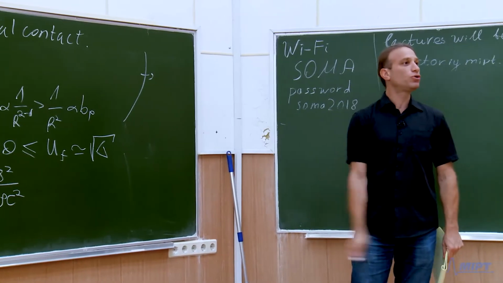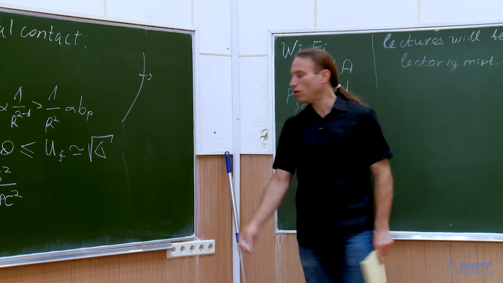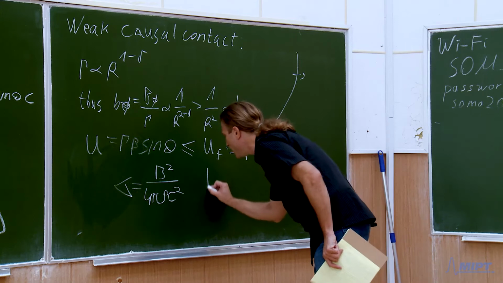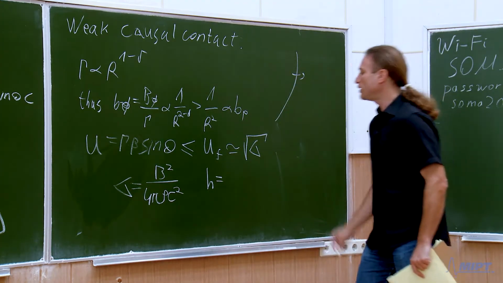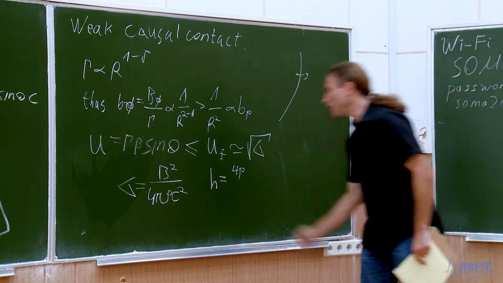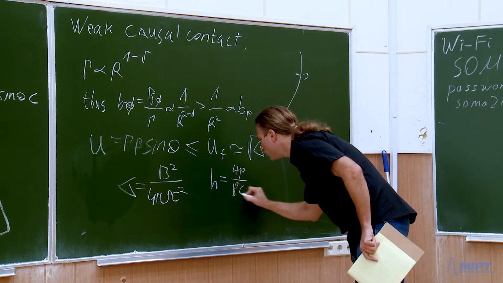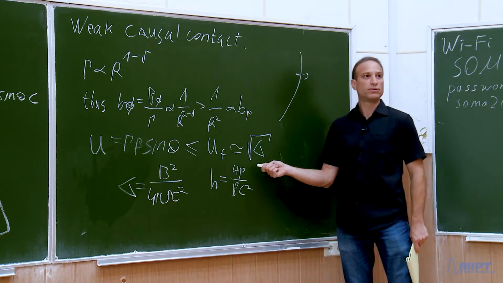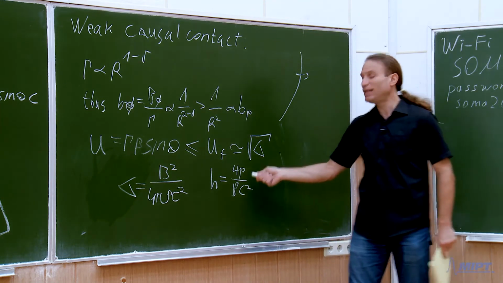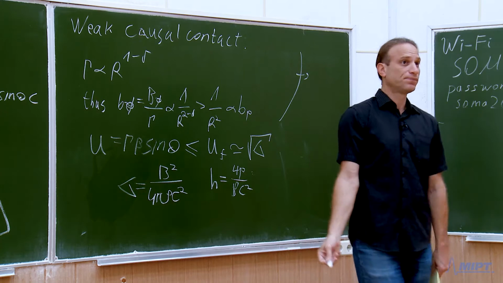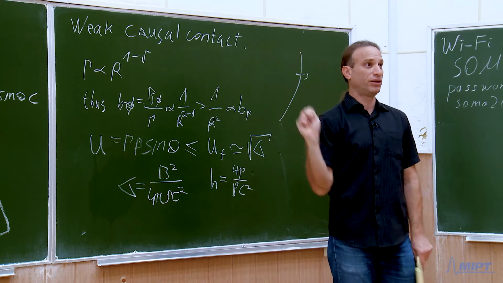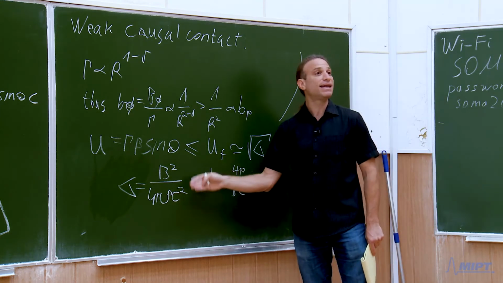This is very similar to another quantity that you may or may not have learned about, which is known as the specific enthalpy, and which is marked as H. And the specific enthalpy is just 4p, which is the enthalpy of a hydrodynamic gas, divided by rho c squared. Okay? So in hydrodynamics, there is this quantity, which is unitless, and it tells you basically the enthalpy per unit mass. Sigma, b squared divided by 4 pi, is the enthalpy of the magnetic field. So this is the magnetic enthalpy per unit mass.